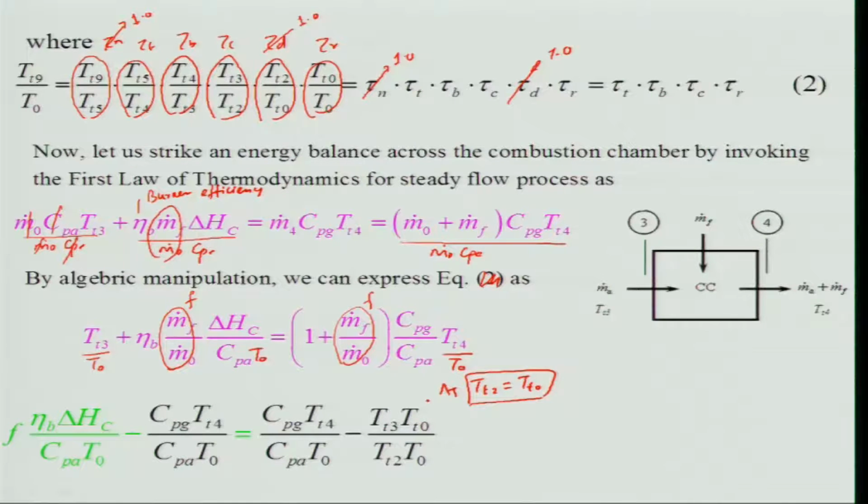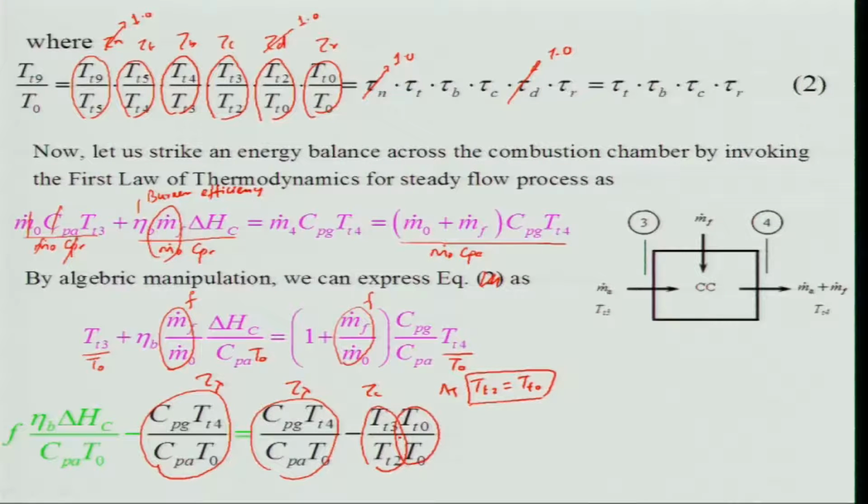Can you recognize some terms, like C p g T T 4 by C p a T naught? That is your tau lambda. Similarly this is also tau lambda. What is this one?